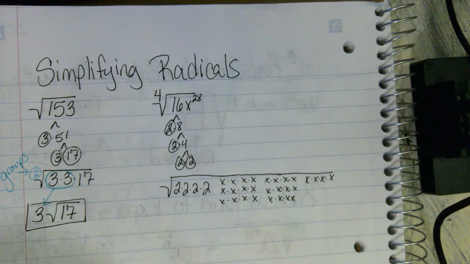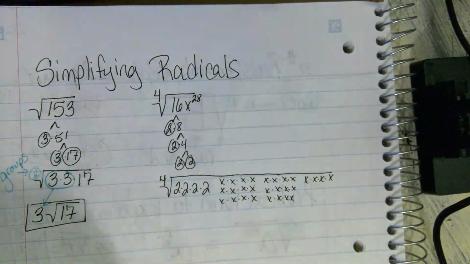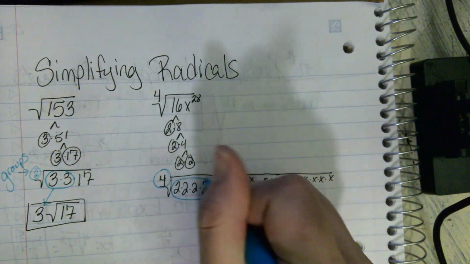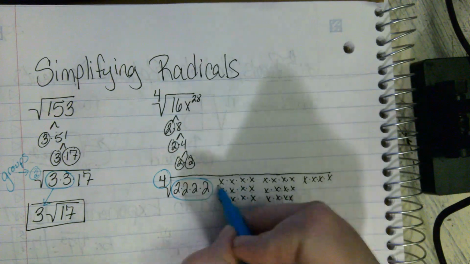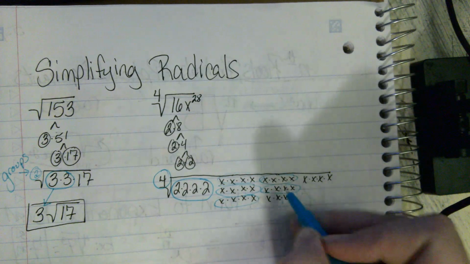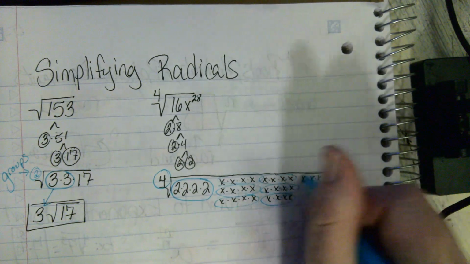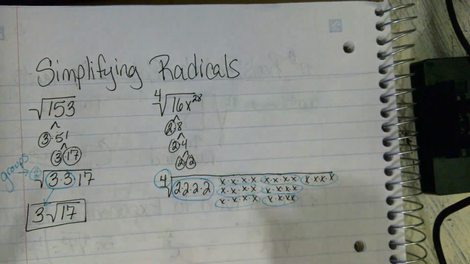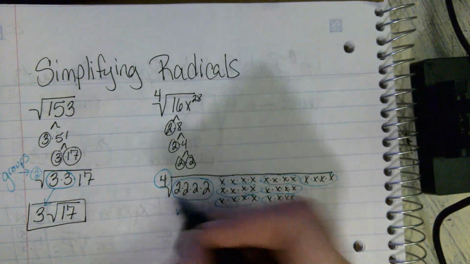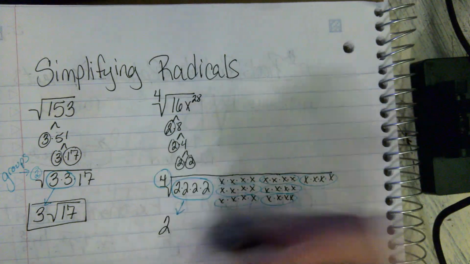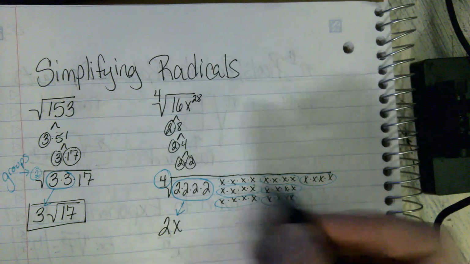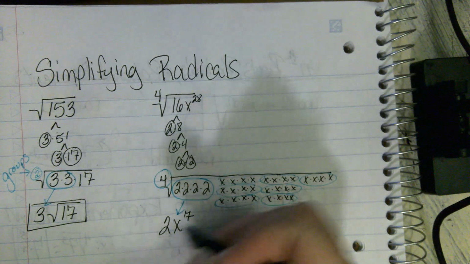My index again is 4, so I'm looking for groups of 4. I have 4 twos, and 1, 2, 3, 4, 5, 6, 7 groups of x's, so you get 2, and x to the 1, 2, 3, 4, 5, 6, 7 groups.